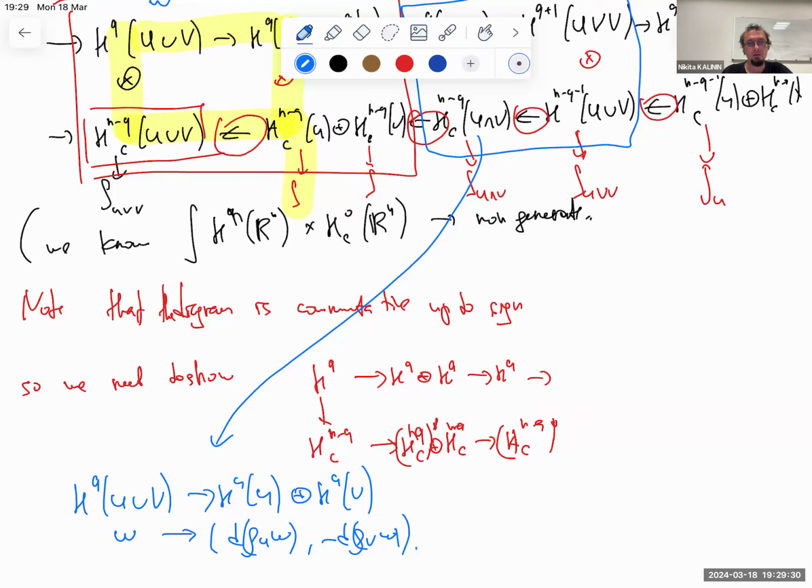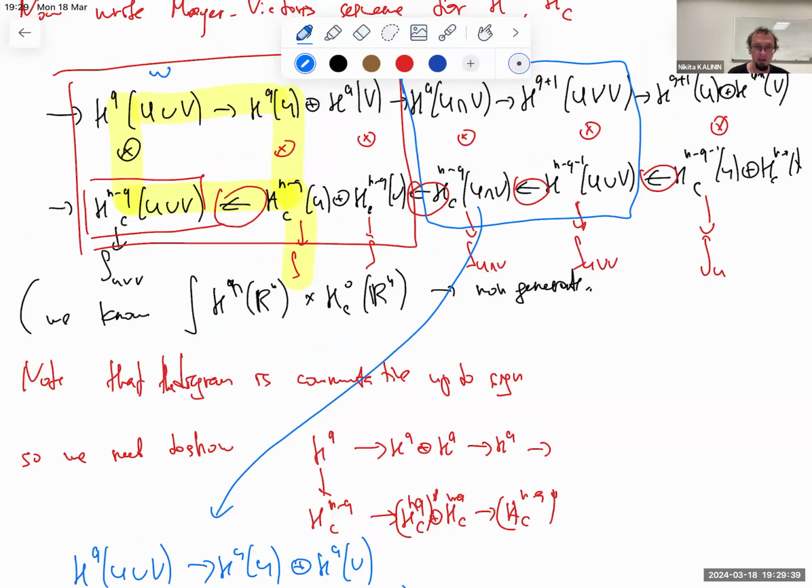Okay, and now let's see what I want to show. I need to pair it with some form with compact support here, and look at what happens here. So also I have a map here, from n minus q minus 1 to n minus q.